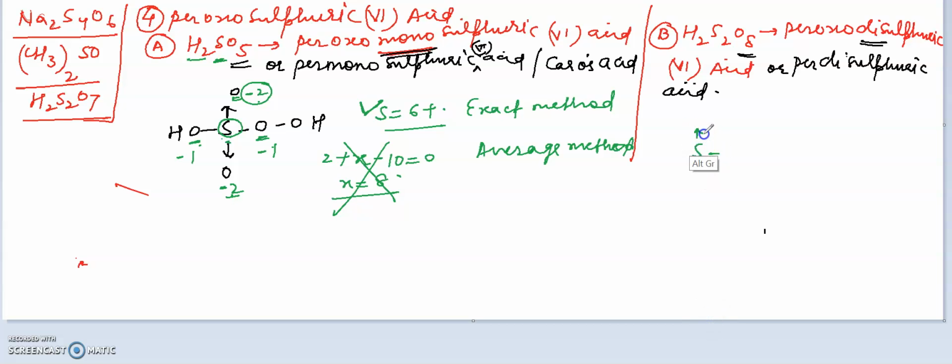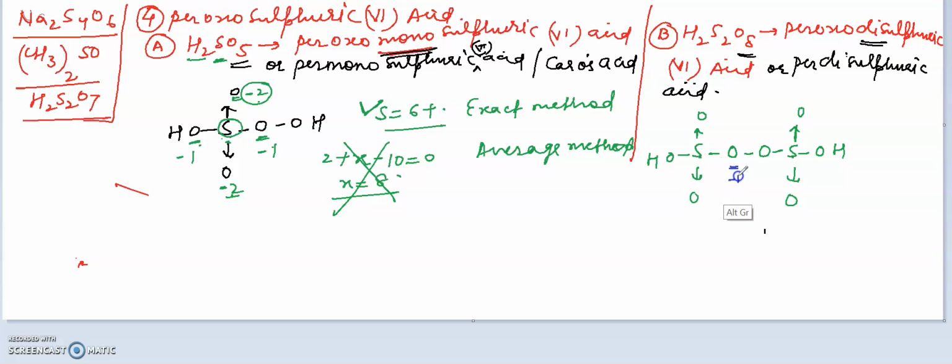S, O, O, H. Then S is attached with oxygen, that is peroxide linkage. S, O, H, O and O. See how many sulfur are there? 2 sulfur, 2 hydrogens, and 3, 4, 5, 6, 7, 8 oxygens. So H2S2O8.